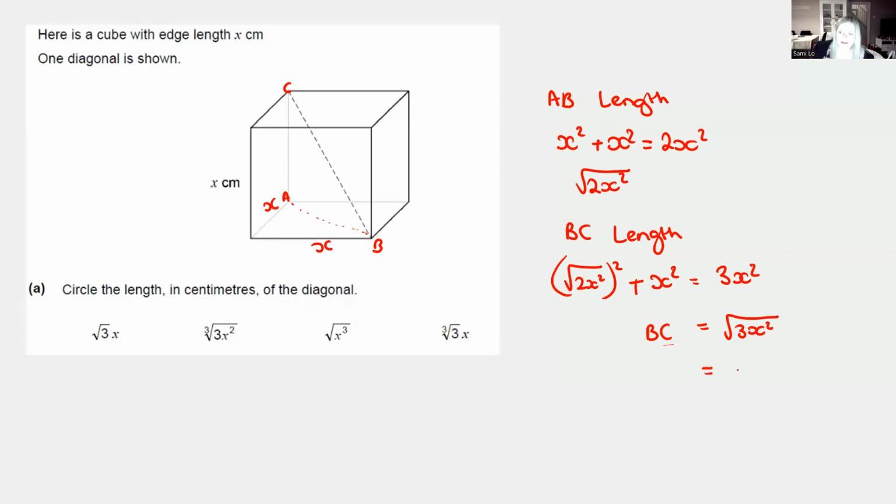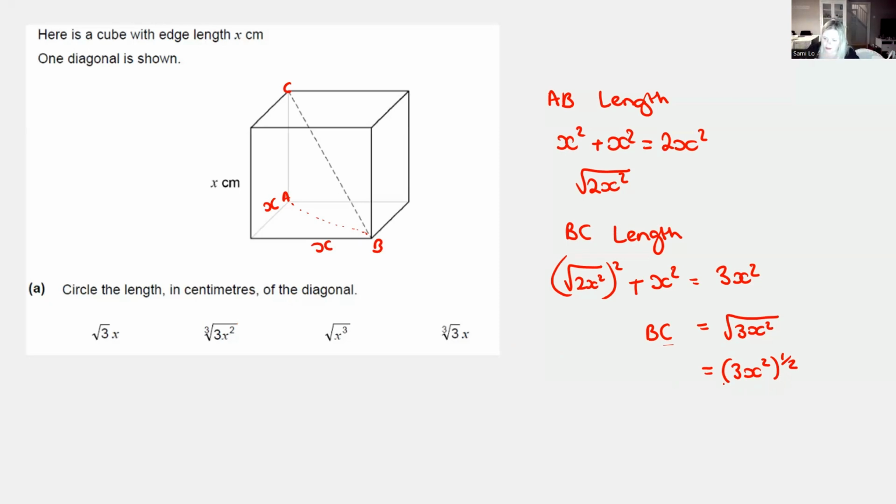Sorry, it took a little second then. Because this is also, we could write as 3x squared to the half using your indices rules. A little bit mean, this question.